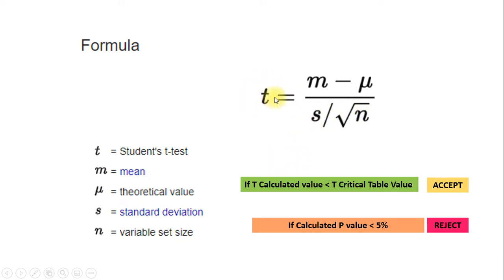If my calculated t value is less than the t critical value or table value, the same thing, accept the hypothesis, otherwise reject it. If my calculated p value is less than 5%, reject, otherwise accept. P means probability. So let's find out how to test t.